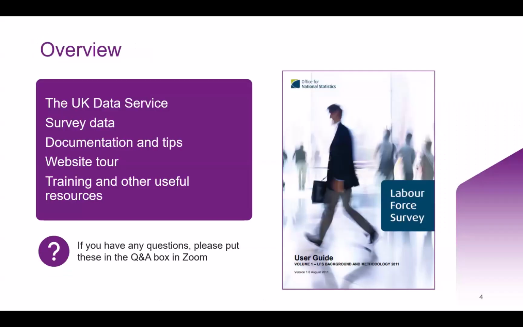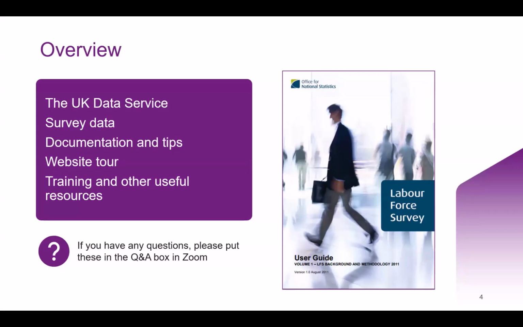Just to give a quick overview of the session today, we're going to start with an introduction to the UK Data Service and who we are. We're going to go through some key survey data, some examples of key useful surveys. Then we're going to look at some documentation and some tips for how to use the documentation to help you get the most out of the survey data.